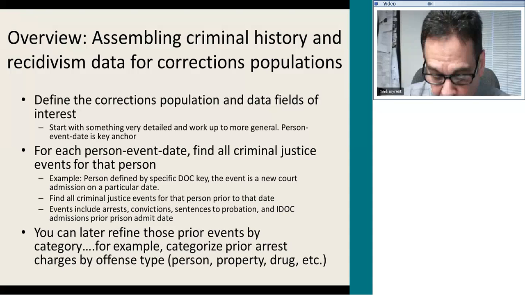So now what do we do? Which master IDOC number are we going to assign that criminal history record information to, that SID? Well, what we've done, and what Mark has done, is to create an algorithm to assign the master IDOC number in a way that uses what we have at our disposal to make that decision.